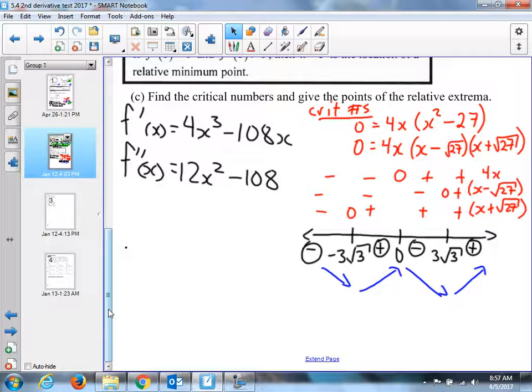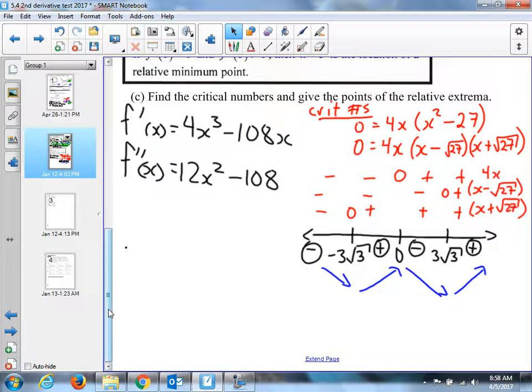We know where the relative maxes and relative mins are, but we've got to use the original function though. This is why I like to think of it as root 27, not 3 root 3, because to find the actual coordinates of the mins, negative 3 root 3, positive 3 root 3, it's easier to use root 27.